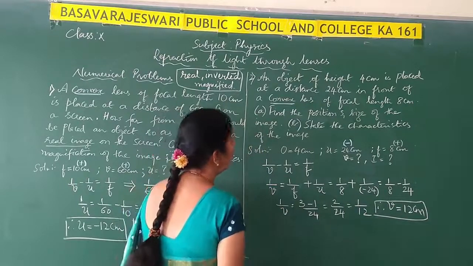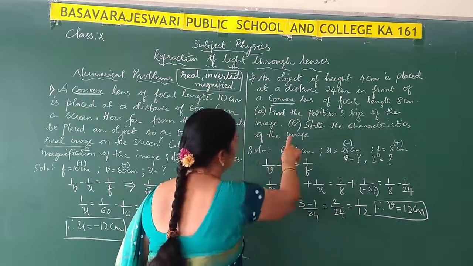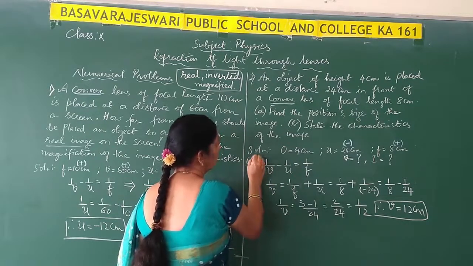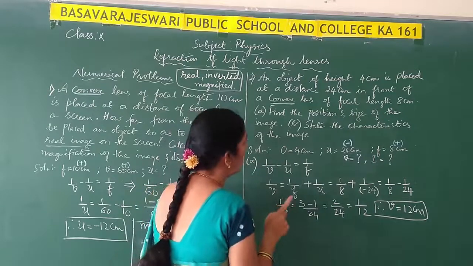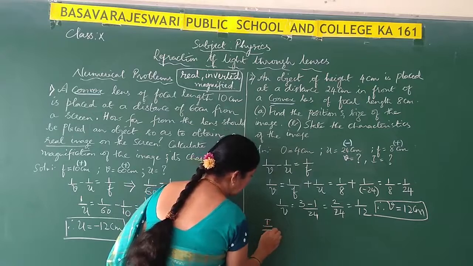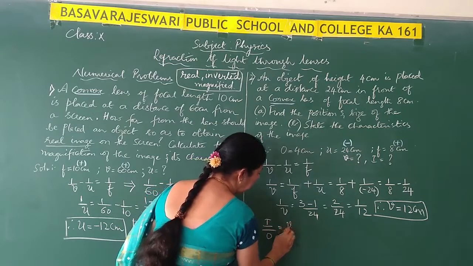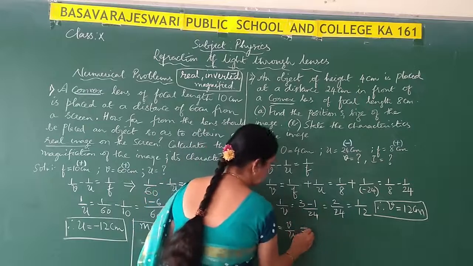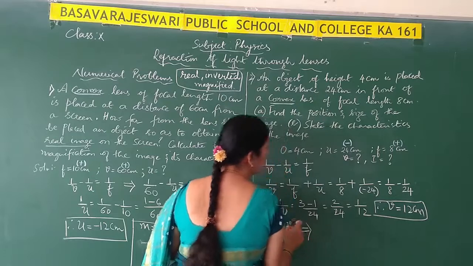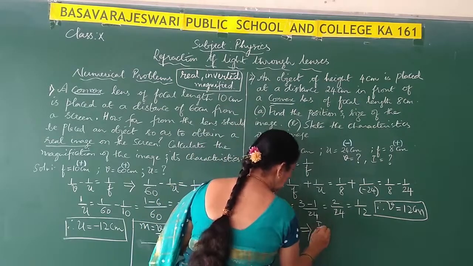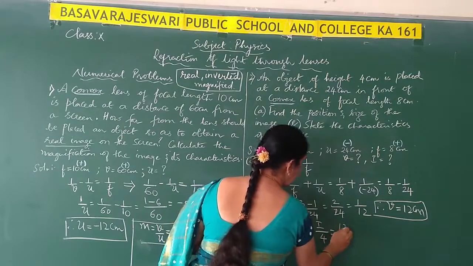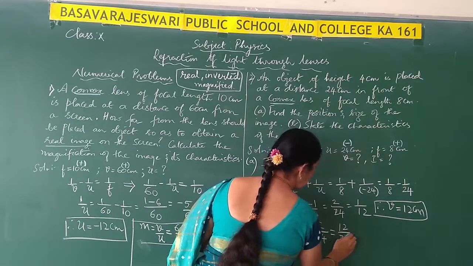Now, next what you have to calculate? This is the solution for the first question. Find the position and size of the image. Size of the image: we know that I by 4 will be equal to v by u. This implies I is equal to, I we have to calculate. I by O, O will be 4, v is 12, u is 24.